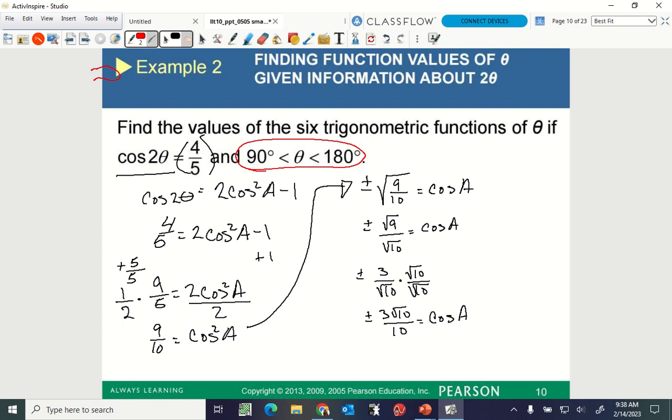What about cosine in quadrant 2? It's negative. Cosine is negative in quadrant 2. So that means that x is going to be a negative 3 square root of 10. Y, we don't know yet, but R is 10.